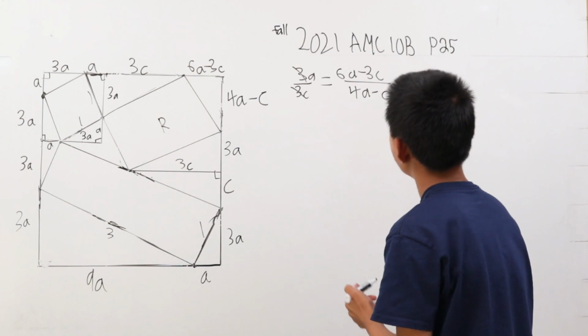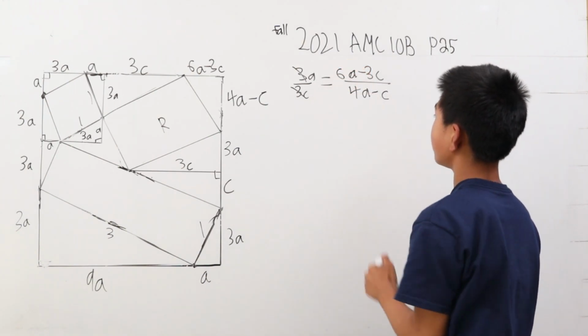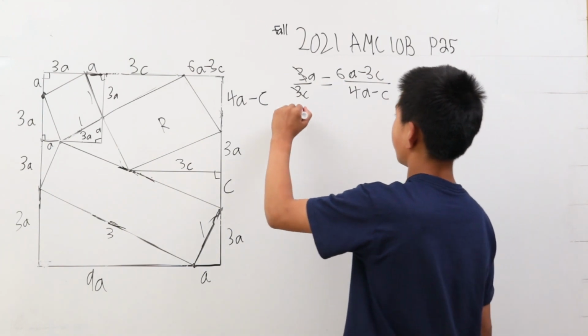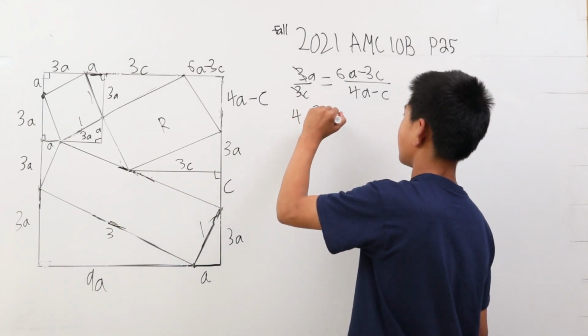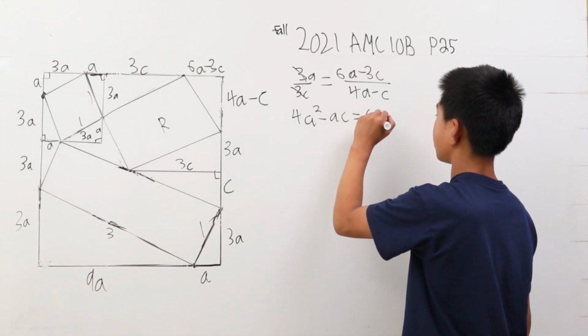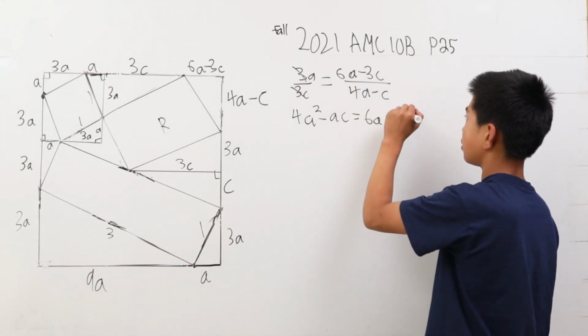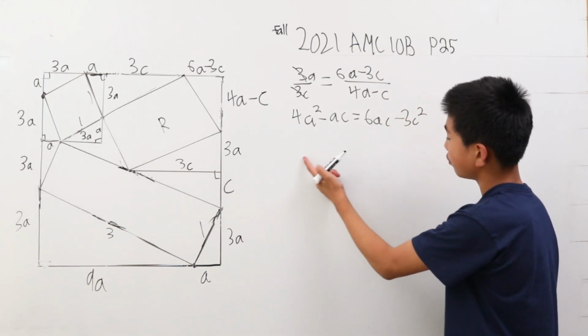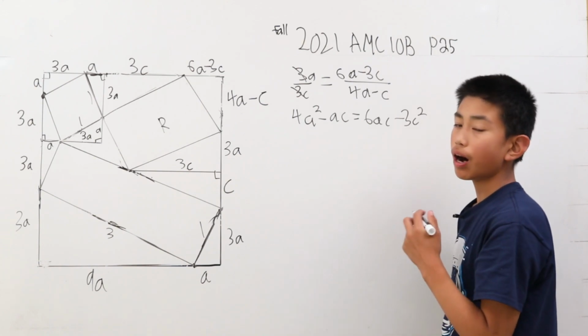Okay. Now we can multiply these out. So on this side we get 4a squared minus ac. This is equal to 6ac minus 3c squared. Okay. We can move these over to one side, then possibly factor it.